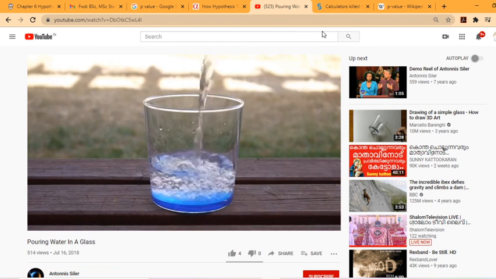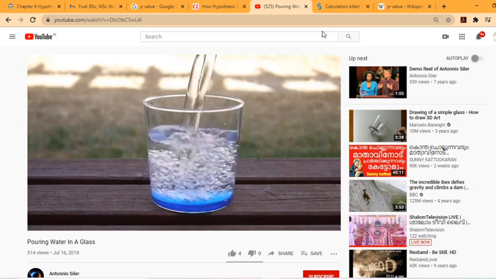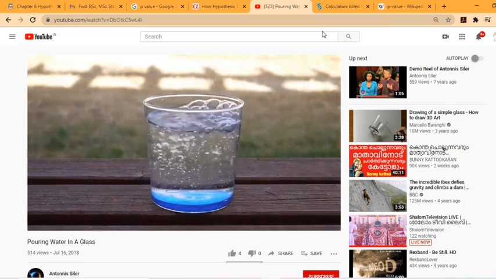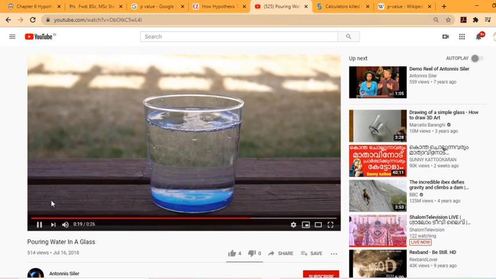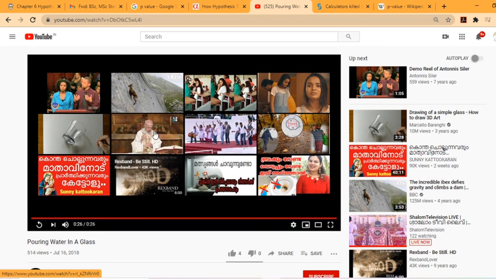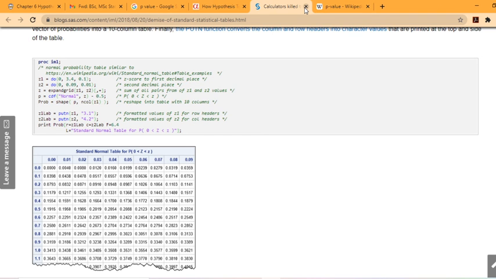The empty space becomes lesser and lesser. So what is the empty space in this glass? Only the smaller portion. The other part is with water. So that is the idea of the p-value.